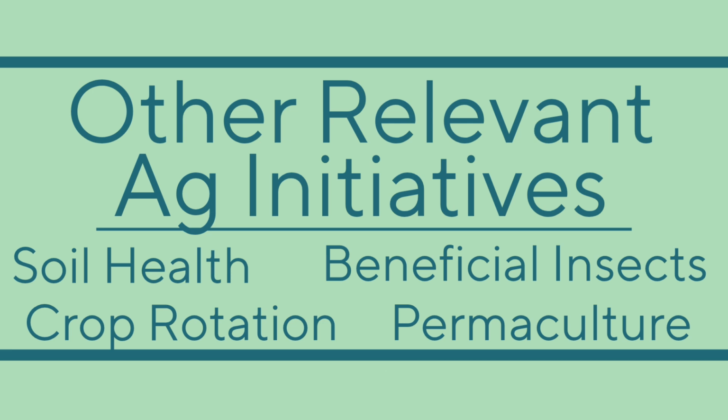There are other relevant agricultural initiatives that can be reflected in the environment, and that is such things as soil health, which we sort of touched on already, as well as beneficial insects.